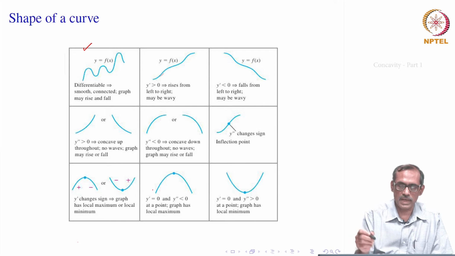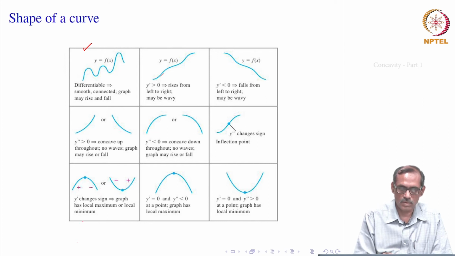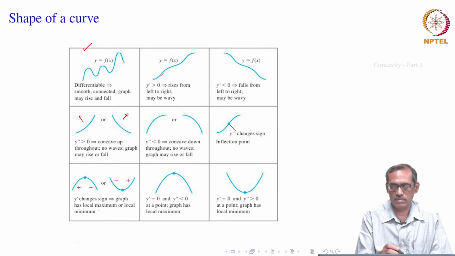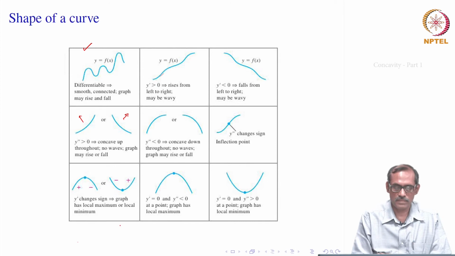And when you come to the double derivative, suppose your double derivative is bigger than 0, then y prime itself will be increasing. So, the curve would look something like this, it is concave up throughout, no waves, but the graph may rise or fall, it may look something like this or something like this, both are really concave up. But there are no waves in nature, there is no rising and falling in between.